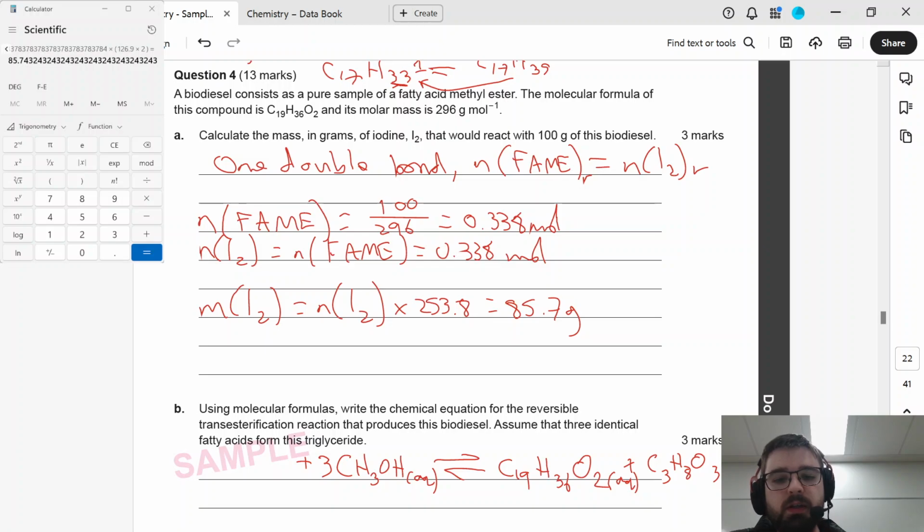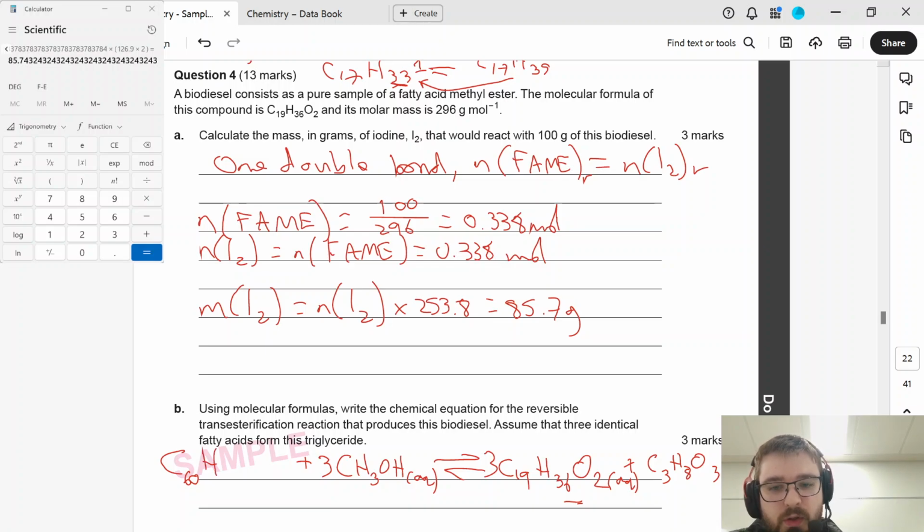So if we look at this here and we want a molecular formula, that's cool. We're going to make 3 fatty acids. So all right, what have we got? 3 lots of 19, so 57 plus 3 is 60. Okay, that's nice.